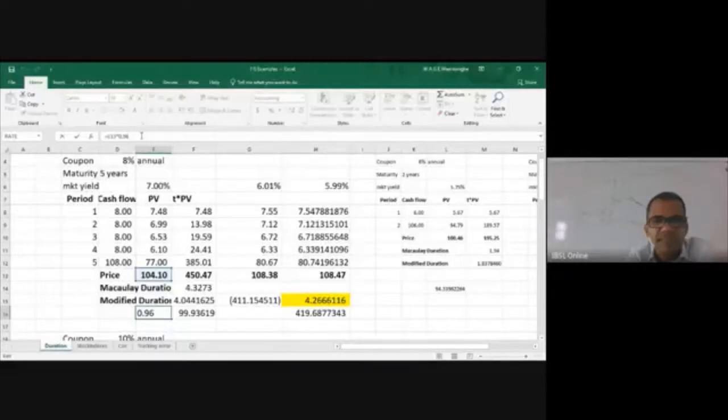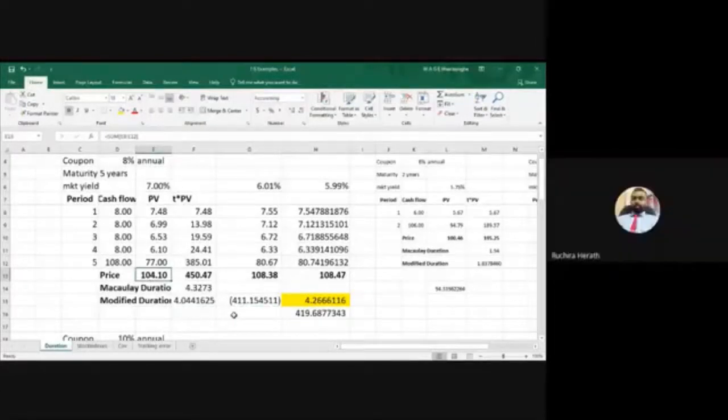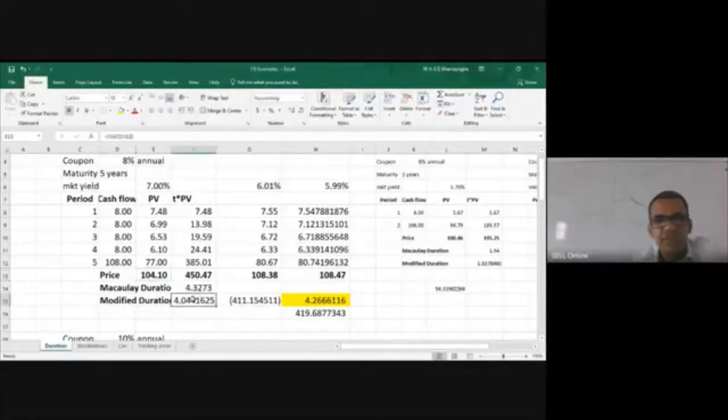That is the interpretation of modified duration. So basically, the price is 104 now. The modified duration is 4, so the price would go down by 4% or so.